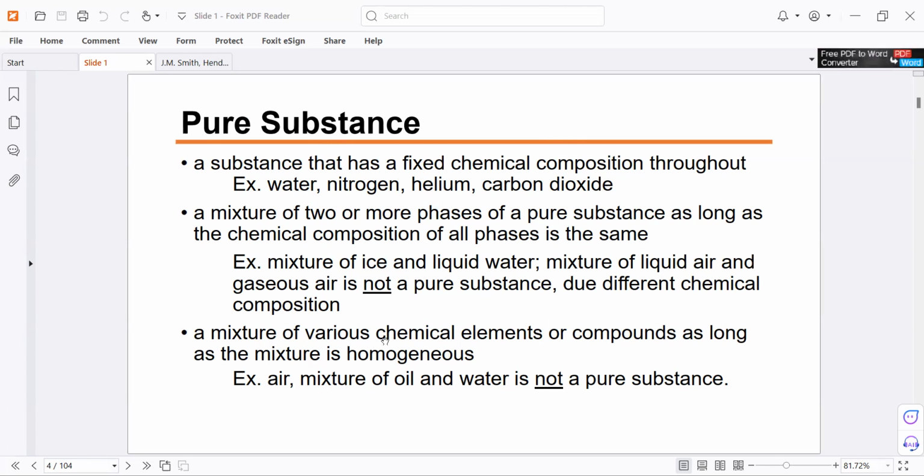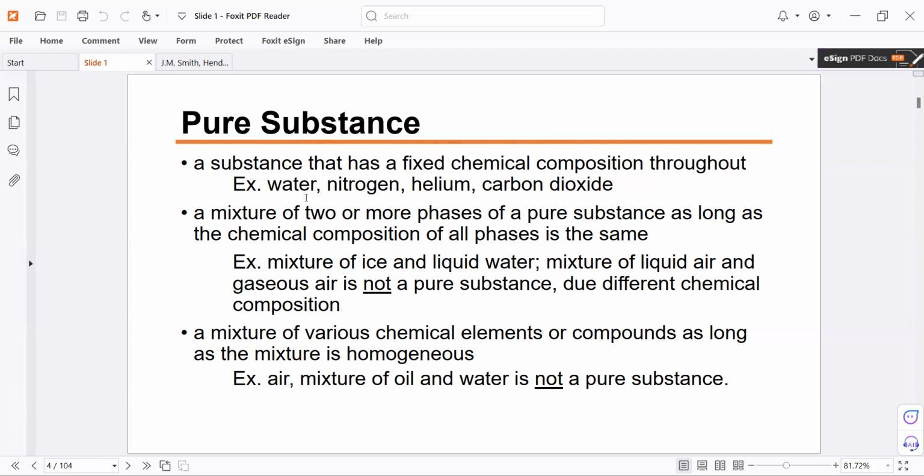A pure substance can also be made of a mixture of various chemical elements or compounds as long as the mixture is homogeneous. For example, air is debatable. Actually, when I search this in the internet, it says that air is not a pure substance. But if the air is just composed of, strictly speaking, O2 and N2 and a bit of carbon dioxide, and it's homogeneous and there's no other impurities like particulate matter, then it would be considered a pure substance.